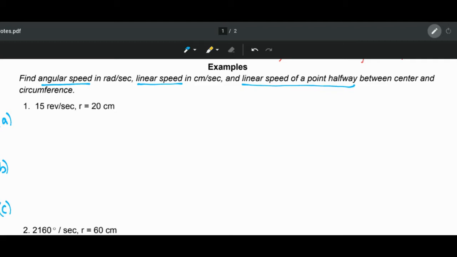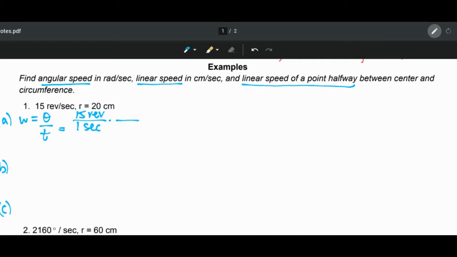For the first one, we're going to find the angular speed in radians per second, but the speed is given to us in revolutions per second, so we have to do some converting. We know that omega equals theta over t, so we need to figure out how to convert 15 revolutions per 1 second into radians per second.